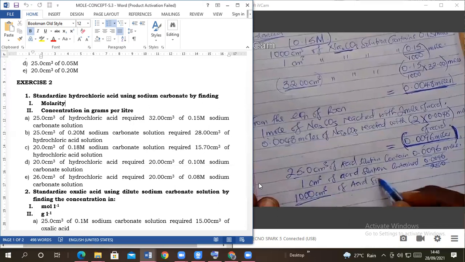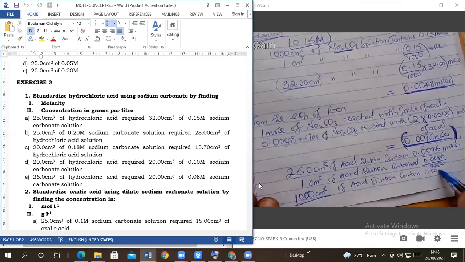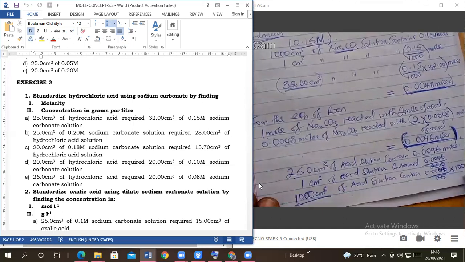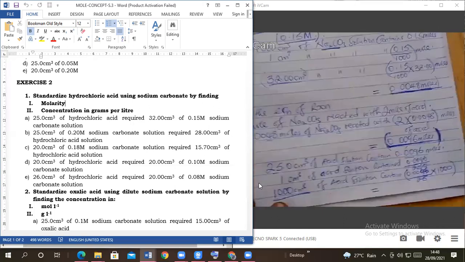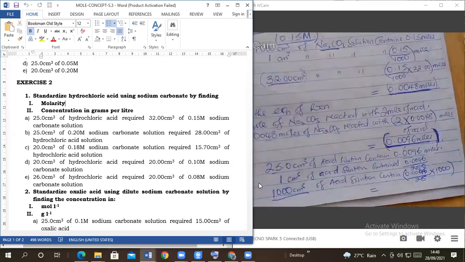Our acid solution contains 0.0096, it is 96 divided by 25 times 1,000. What do you get as the answer there? 0.384.